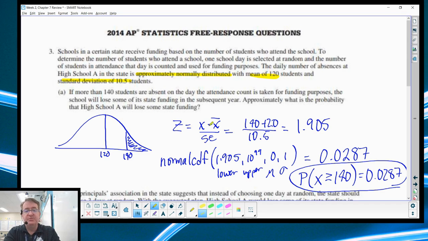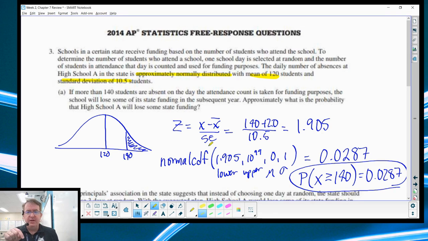So my z-score is going to be x minus the mean over the standard deviation, 140 minus 120 over 10.5, and you get a z-score of 1.905. Now, when you type that in, you can either use table A, and if you do that, indicate it there in your work.